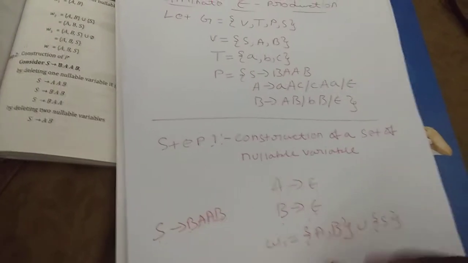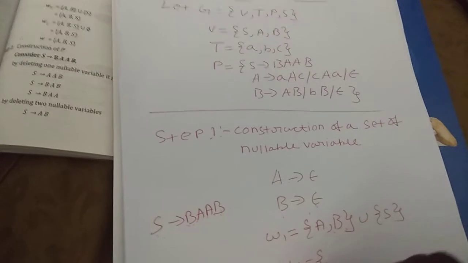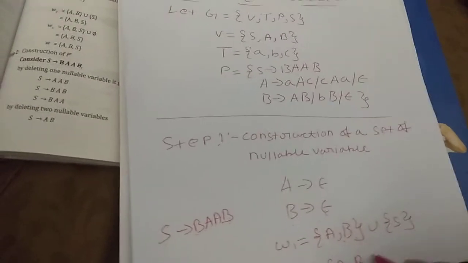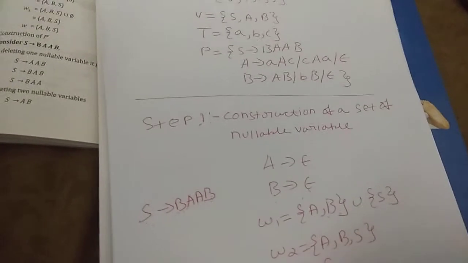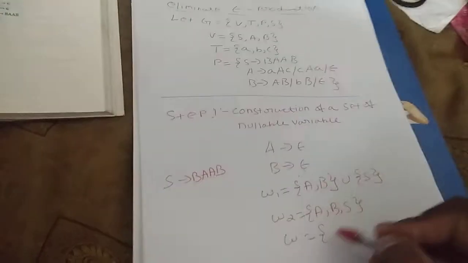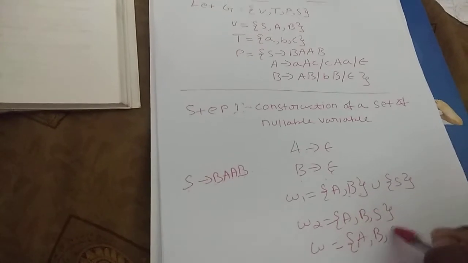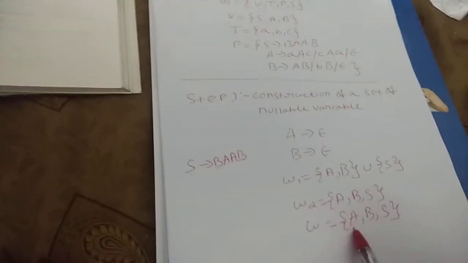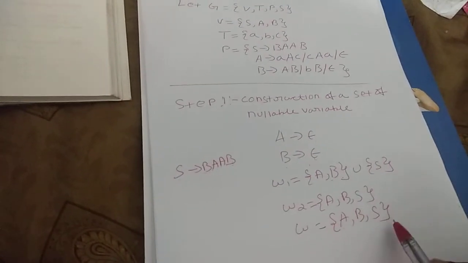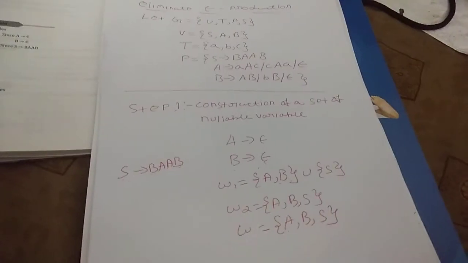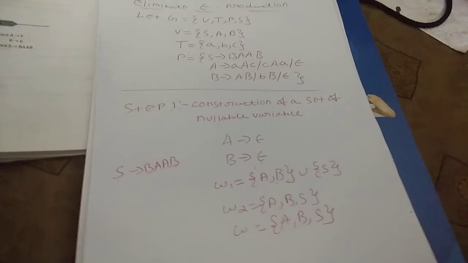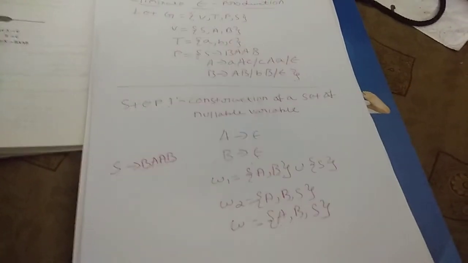W2 is equal to A, B, S. W is equal to A, B, S: non-terminal A, non-terminal B and non-terminal S form the nullable variable set. In step 1 we find the nullable non-terminals.